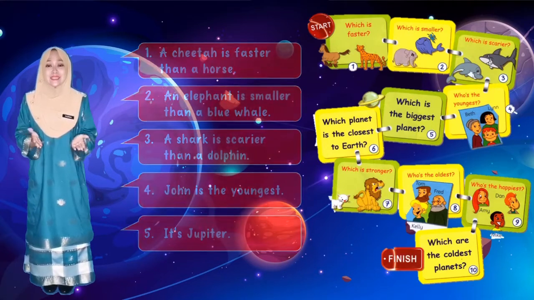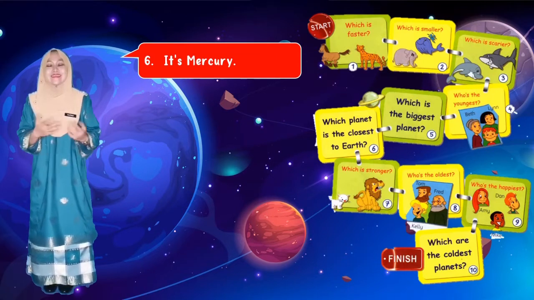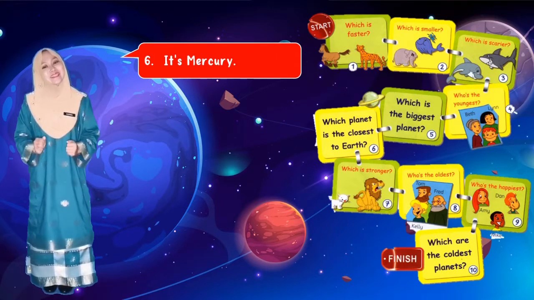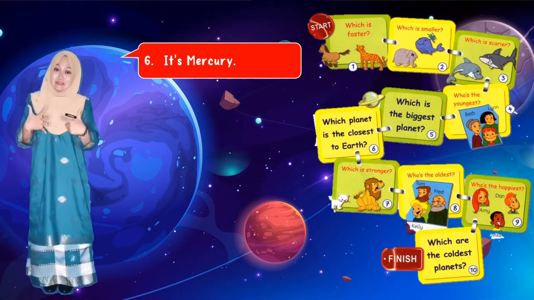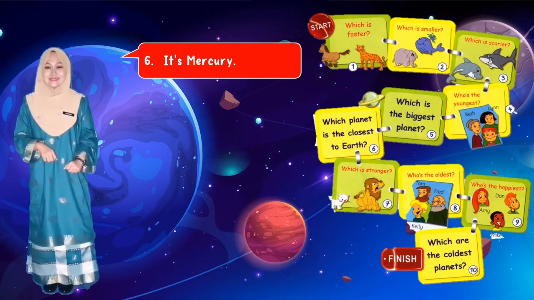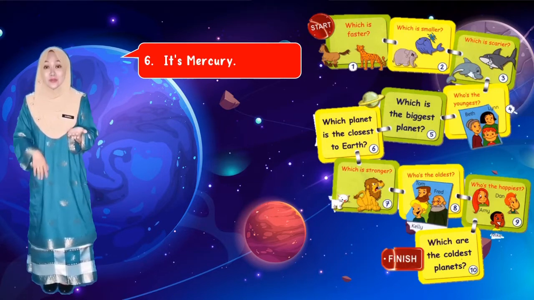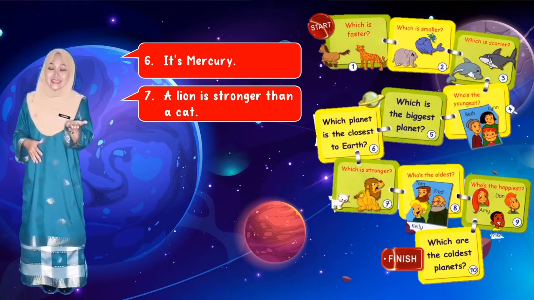Which planet is the closest to Earth? The answer is it's Mercury. Space number 7. Which is stronger? Lion or cat? The answer is lion.